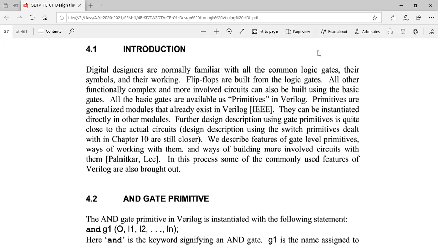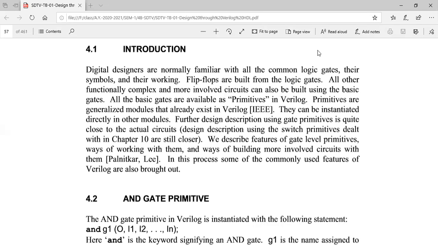We already know the AND gate, OR gate, NAND gate, NOR gate, XOR gate, XNOR gate. We have this type of gates, right? NOT gate, that is nothing but the inverter, and also the buffer. We will be using all these types of logic gates for building flip-flops.